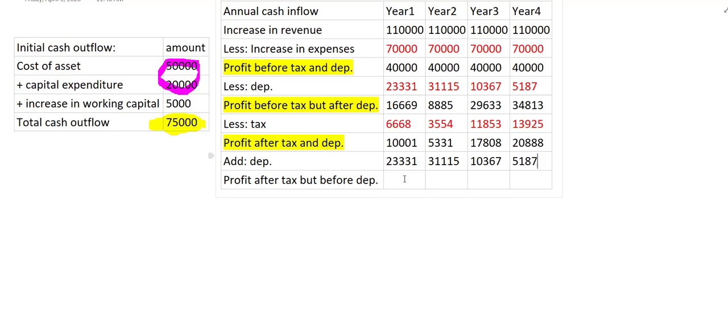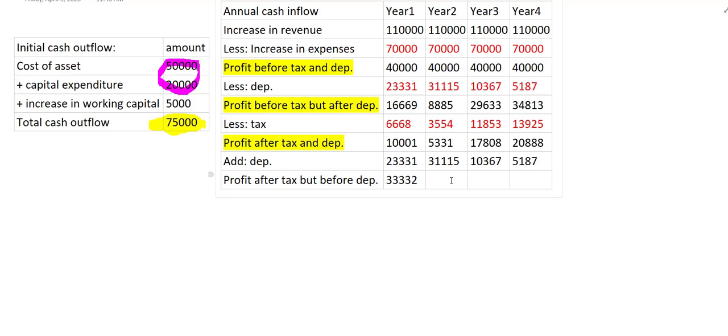After this, we have to add with this one, you will get the result, right? Add with this one, with this one. Let me add the first one. How much is the result? So it means 10,001 plus 23,331, which is equal to how much? 33,332 for the first year. In the same way, you can do for the next year as well.